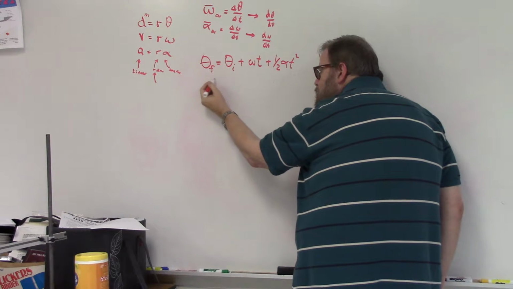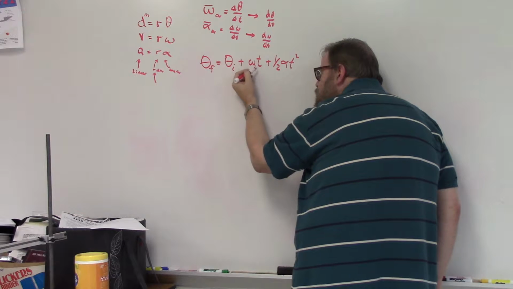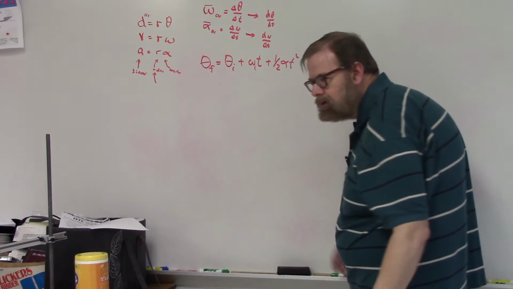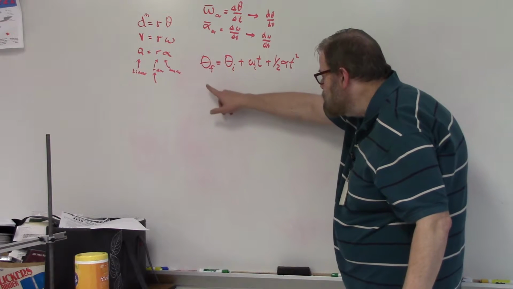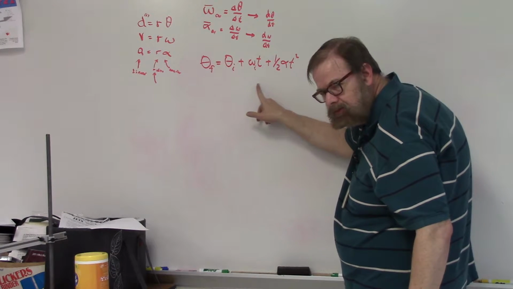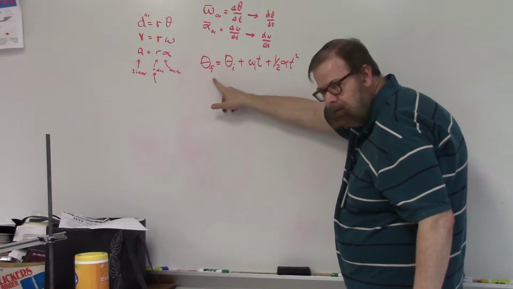That's where we had distance equals distance initial plus v initial t plus 1/2 alpha t squared. So all we're doing is changing it again to Greek. Wait, what equation is this? Instead of d final equals d initial plus v initial t plus 1/2 a t squared, this is the angle. Theta final equals theta initial.